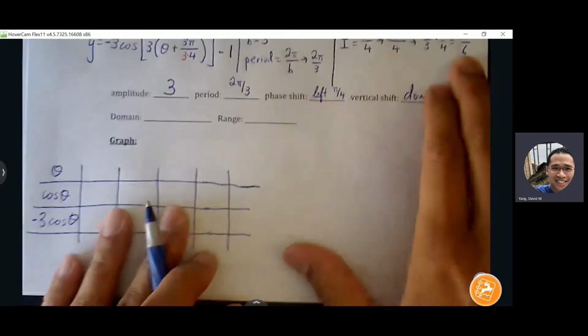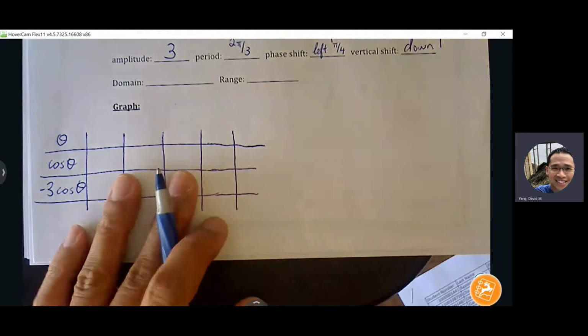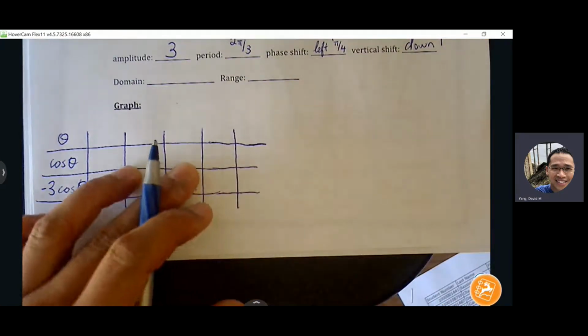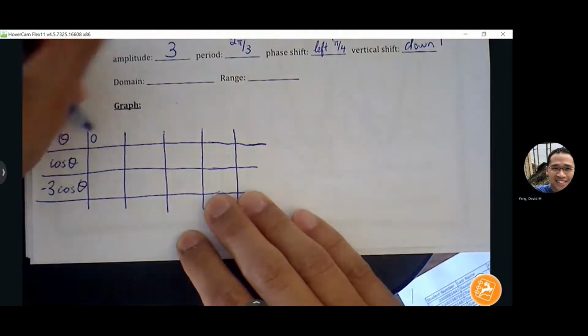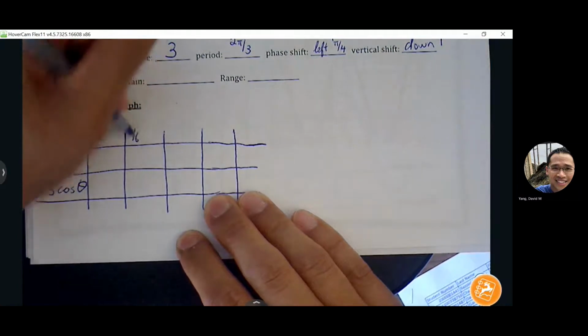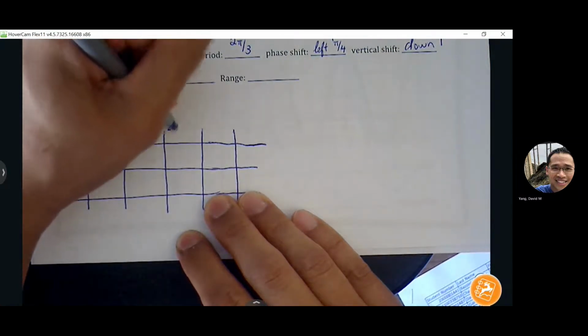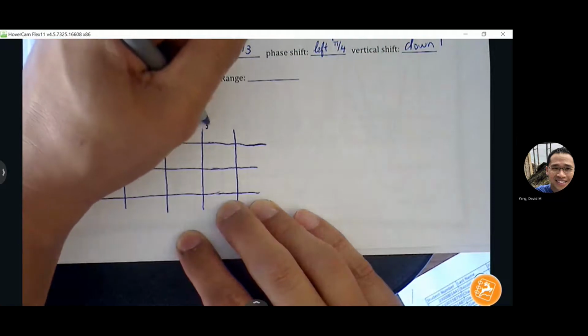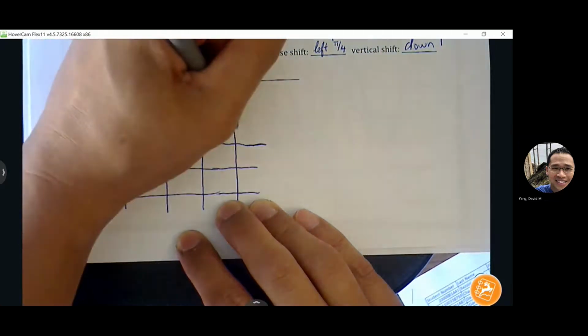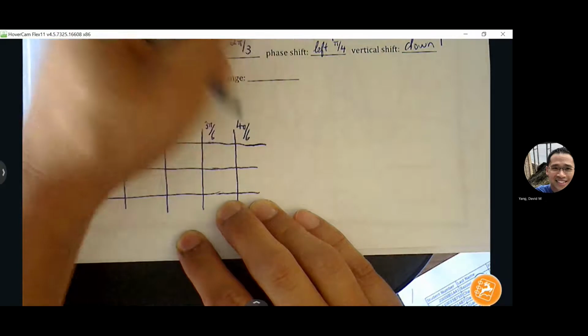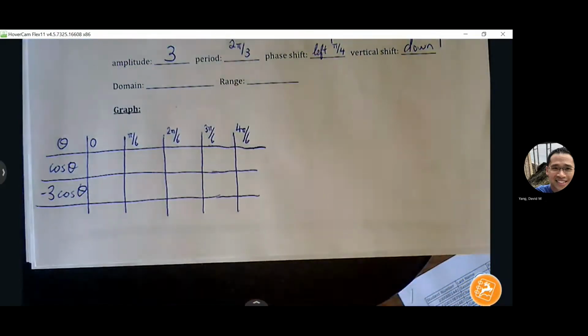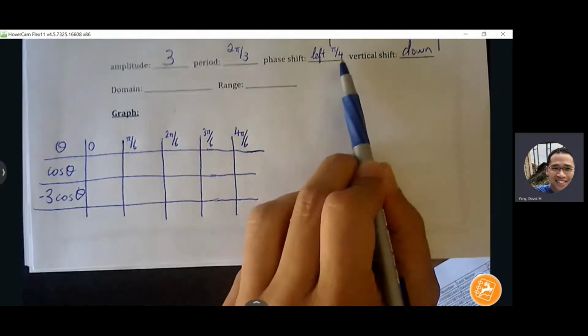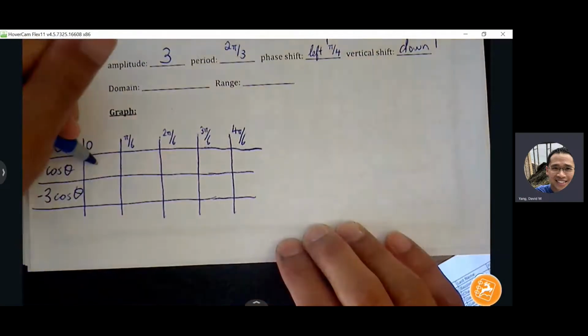Find your interval, and you're going to keep incrementing by your interval until you reach your period. Let's see, cosine starts up.